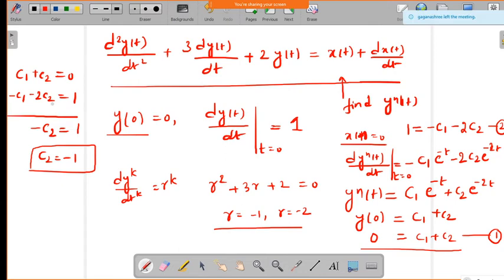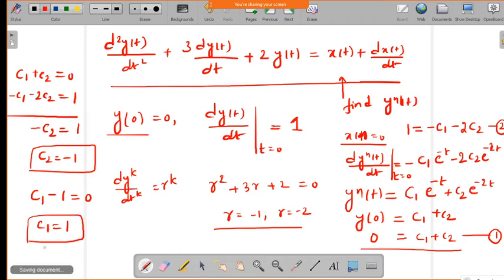Now if you put the value of C2 in any one of the equations, C1 plus C2, with C2 being minus 1, equal to 0. So C1 will be equal to 1. You are getting the constant values. If you put these constant values in your equation, that is the final solution of your natural response, which is equal to 1 into e power minus t minus 1 into e power minus 2t.